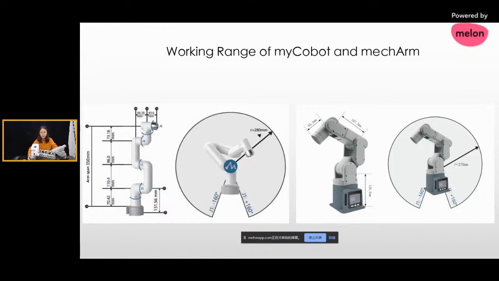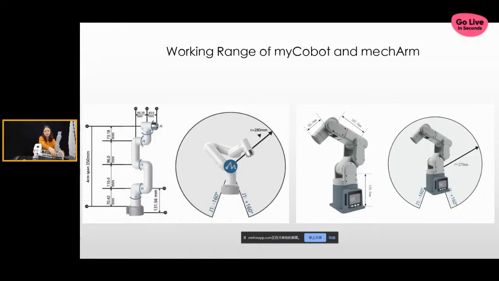So here I'd like to introduce two cobots of Elephant Robotics. This one is mechArm M5 Stack, and this one is myCobot M5 Stack. You can see that they are relatively small and lightweight. Many people have asked us about the differences between these two robots, because both of them are 6 DoF. 6 DoF means they have 6 degrees of freedom.